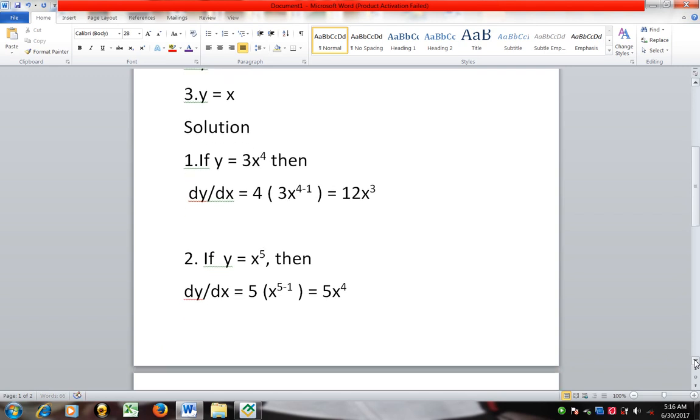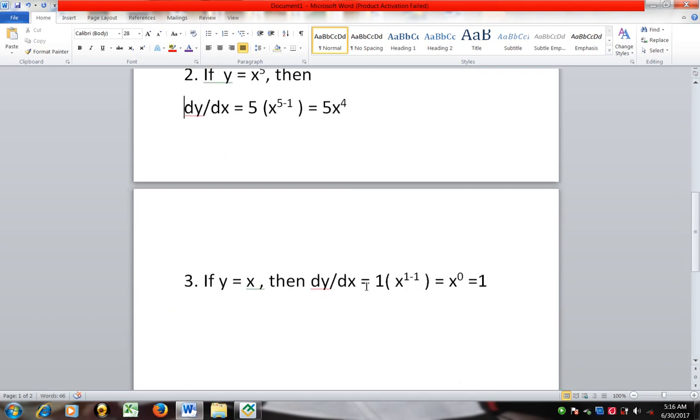Now the last one is y equals x, then our dy/dx. Note that the coefficient of x here is 1 and the power is 1. So bring down the coefficient, bring down the power, which is 1, then x raised to power 1, then subtract 1 from the power again.